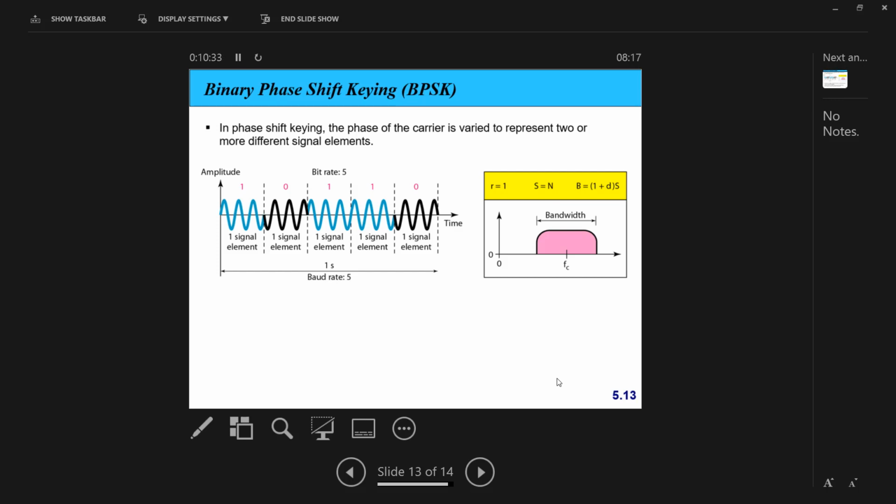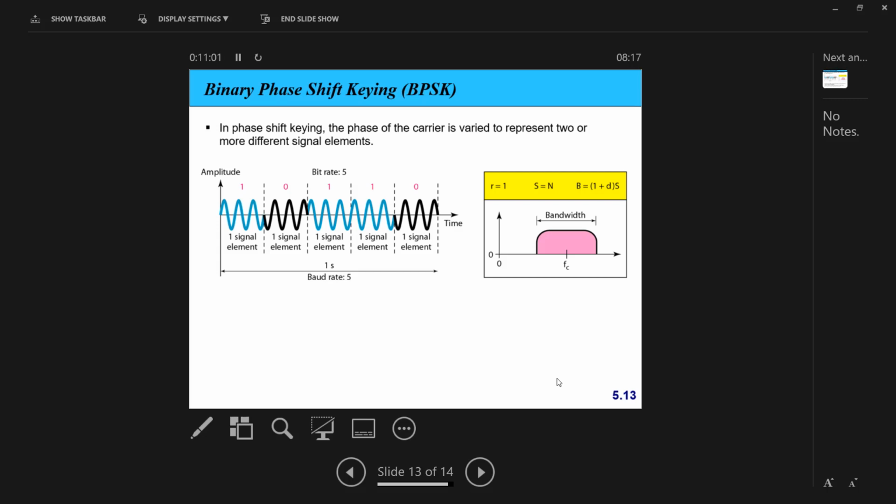Now, in phase shift key, what are the advantages? Does it solve the problem of amplitude shift key? Is it sensitive to the environment? No, because the phase is less sensitive to the environment than the amplitude.